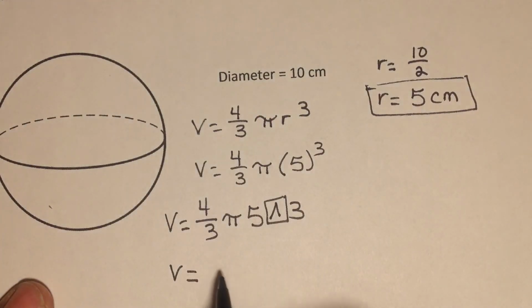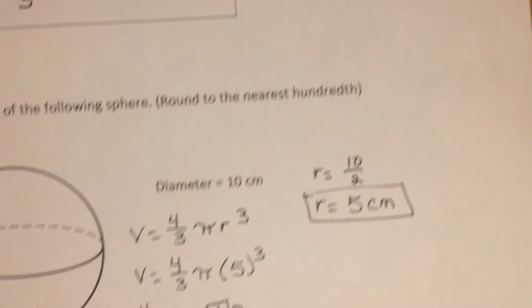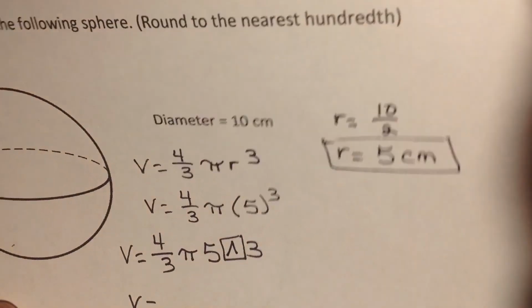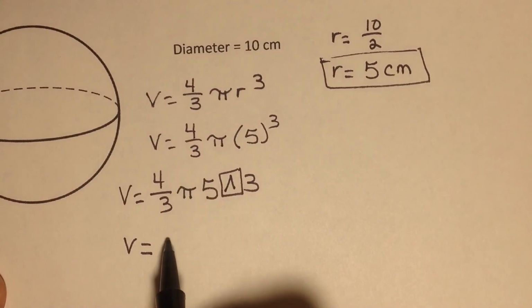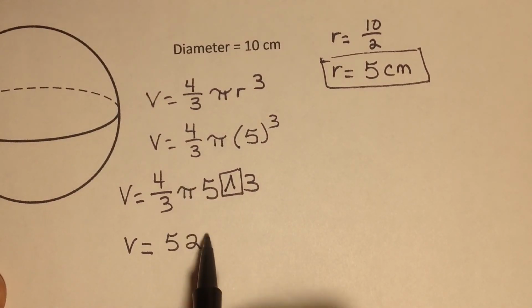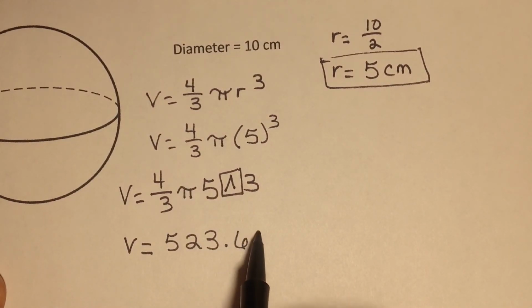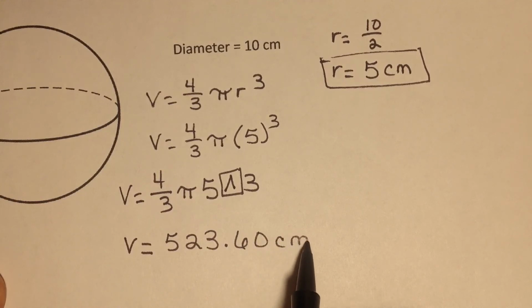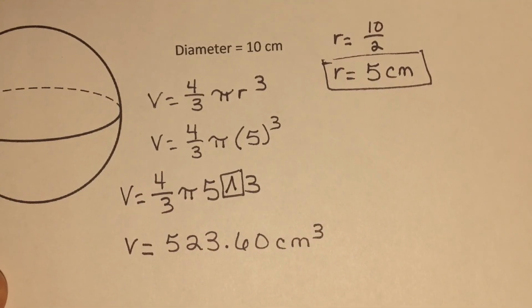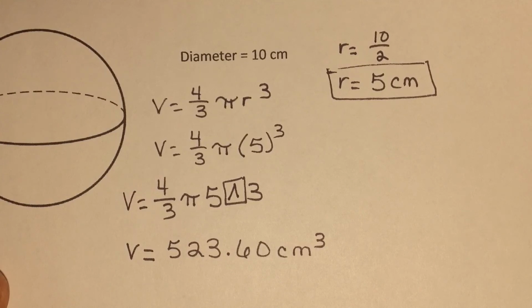You get your final decimal, and you're going to round it to the nearest hundredth and call it a day. So volume is equal to 523.60 centimeters cubed. And there you have it.